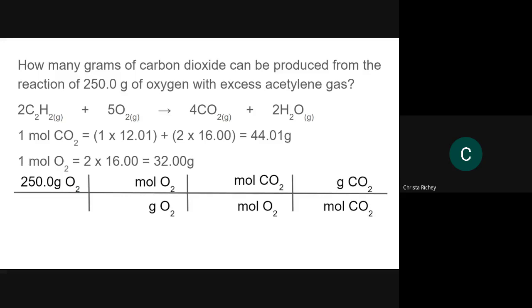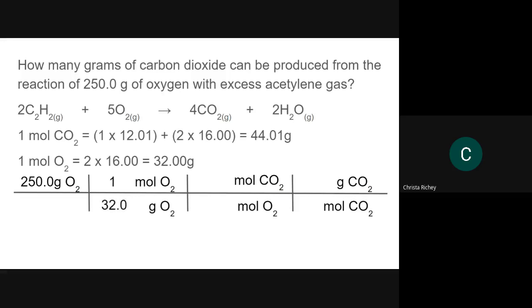I know those of you that are remote can't see me pointing, but I do have my trusty little spotlight thing here. So grams to moles of oxygen gas is this one. The balanced equation, that's what I'm going to use for carbon dioxide and for oxygen. And then this is the molar mass of carbon dioxide.